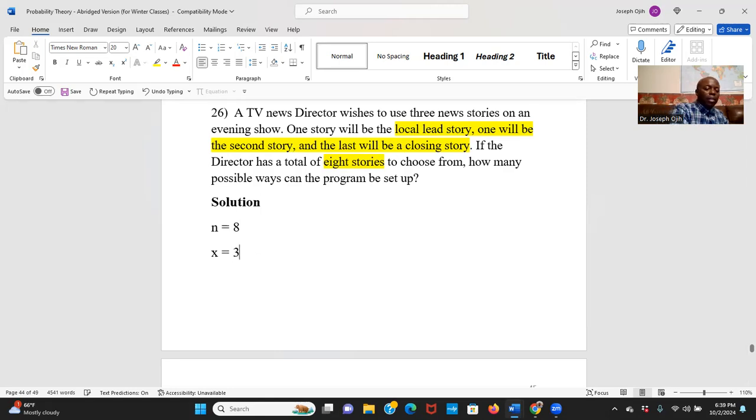So x is 3. So the number of possible ways now becomes 8 combination 3.